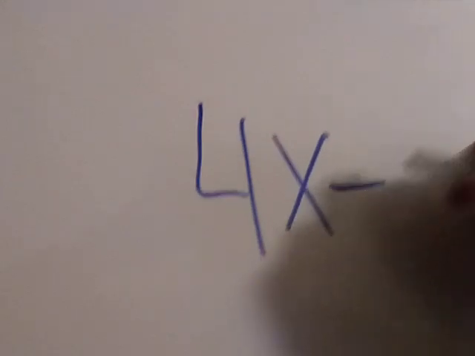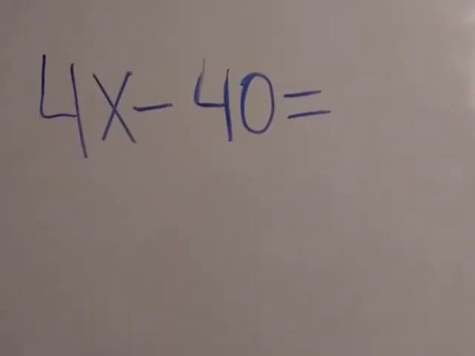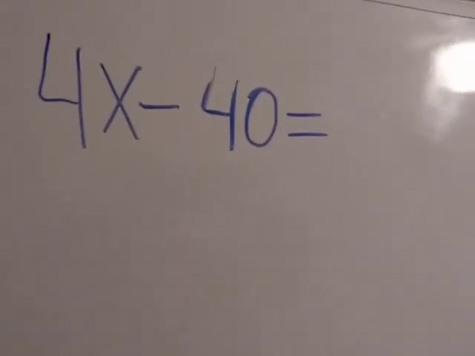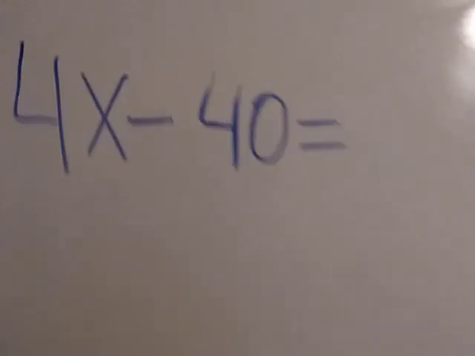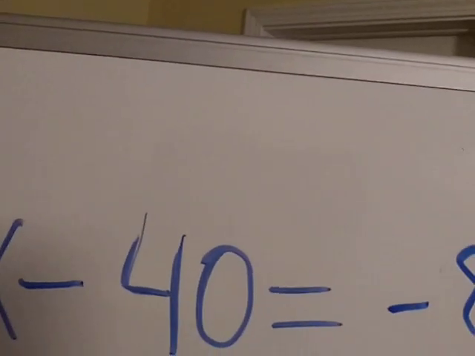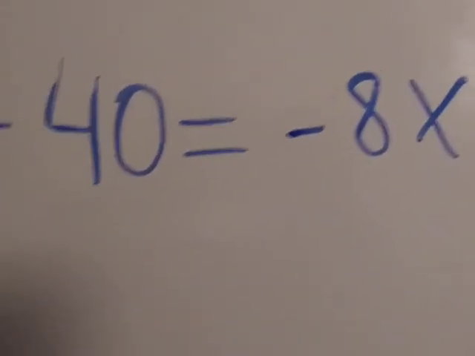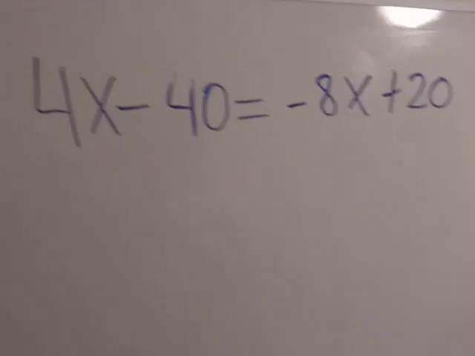The next example we're going to cover is 4x minus 40 equals negative 8x plus 20.